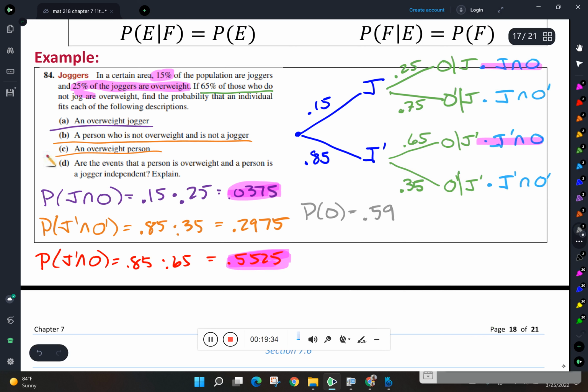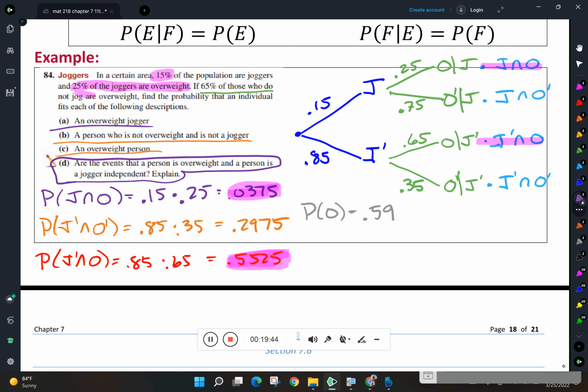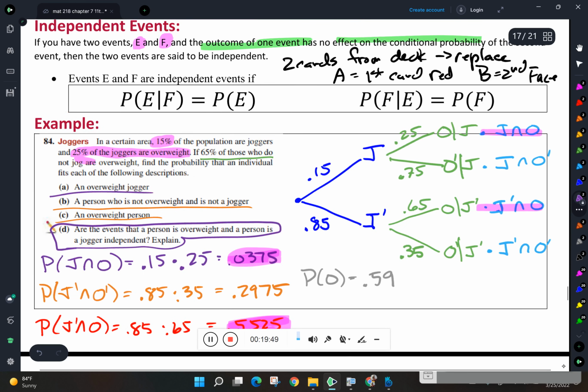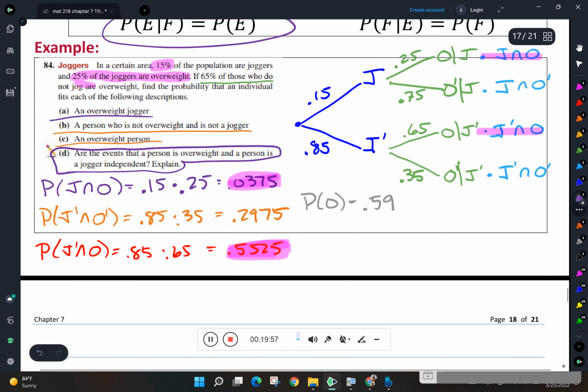Right? And now the question is, are the events that a person is overweight and a person is a jogger independent? Well, independent means that the conditional probability is the same as the probability.